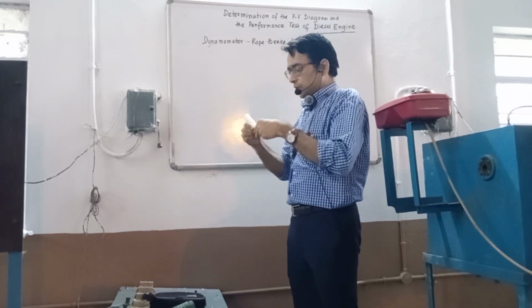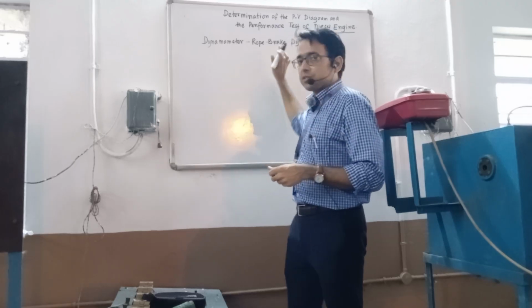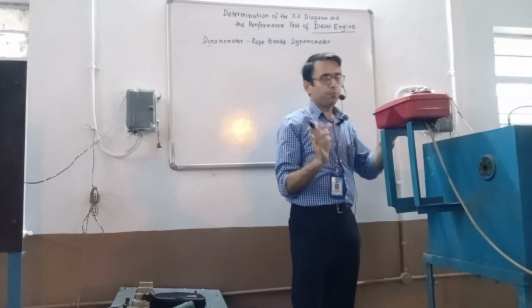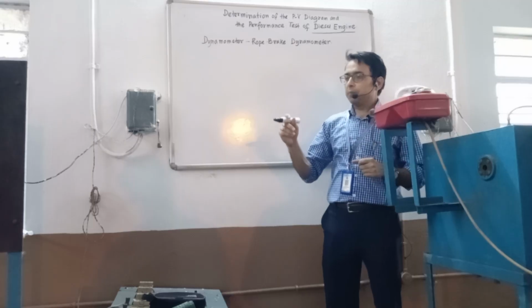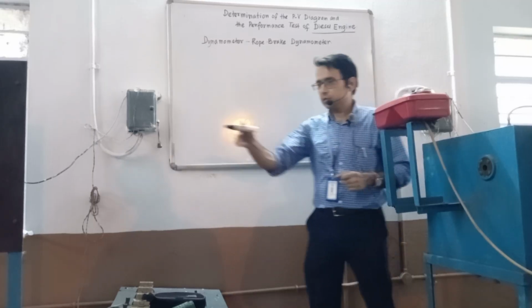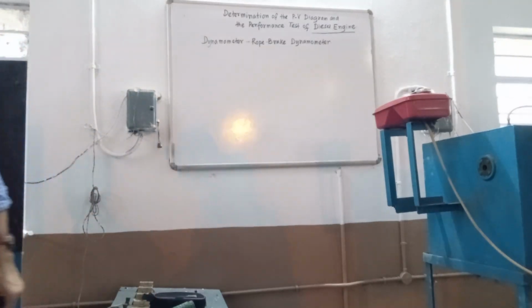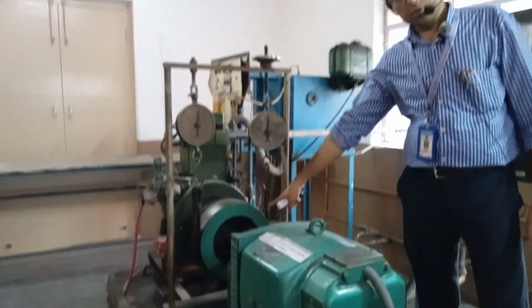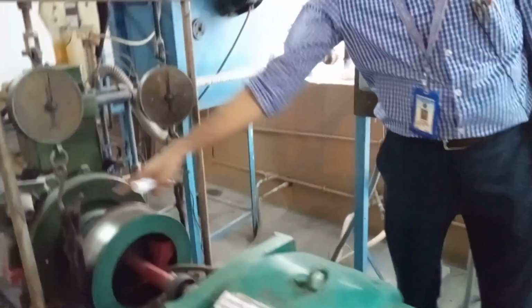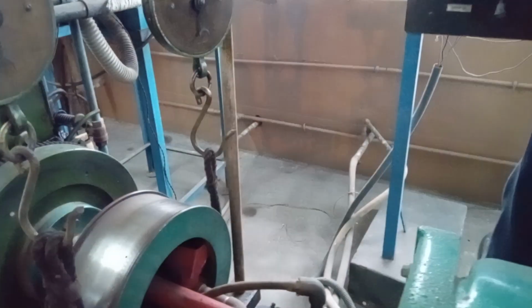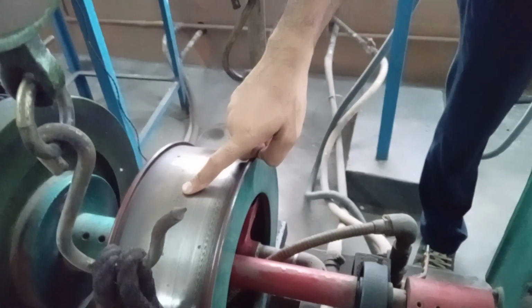Brake, you understand, means to stop. Rope brake means that here by using a rope, that you can see, this is the rope, and this is called the brake drum.